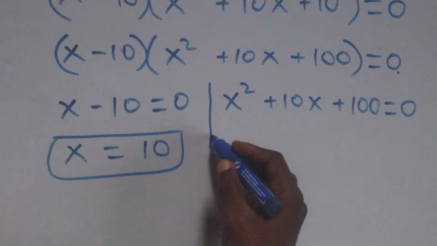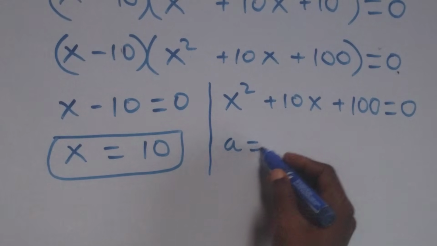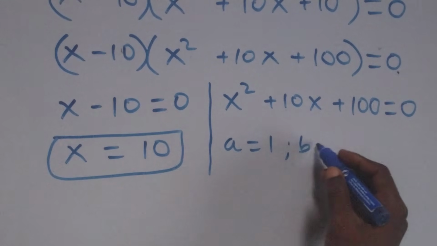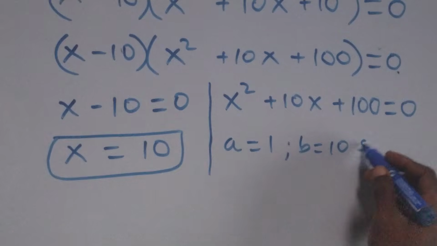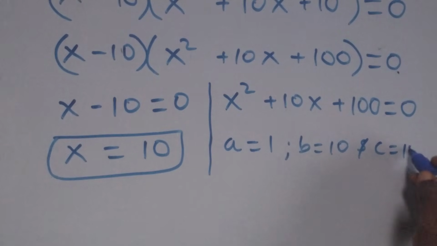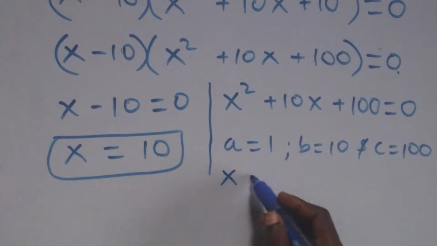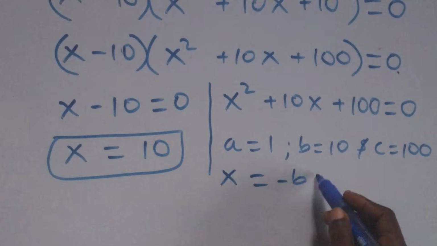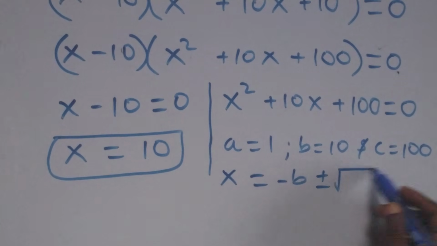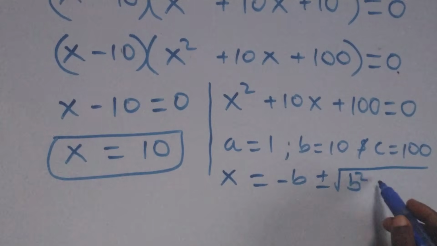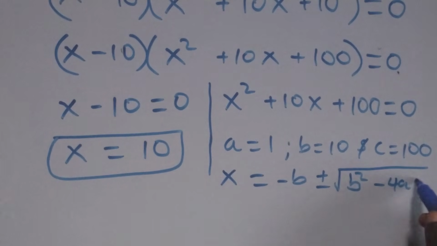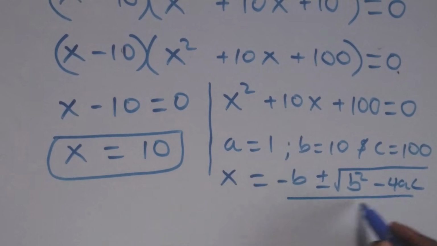And here we have a quadratic equation where a equals 1, b equals 10, and c equals 100. Applying the quadratic formula, which is x equals minus b plus or minus square root of b square minus 4ac, over 2a.